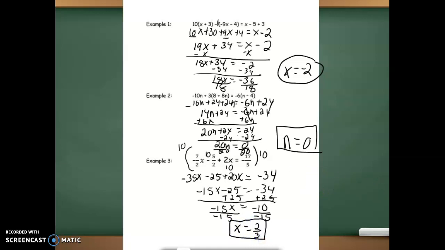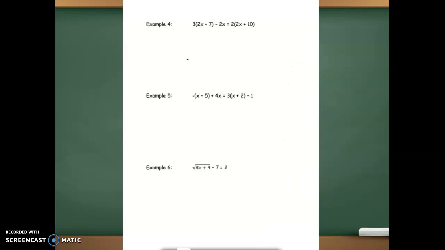All right, we're going to have a few more on the next page. These are what I call special equations. Let's look at these real quickly. You'll notice we're going to do the same thing. Take care of the parentheses first. So we got 6x minus 21 minus the 2x. Then distribute the 2, which would be 4x plus 20.